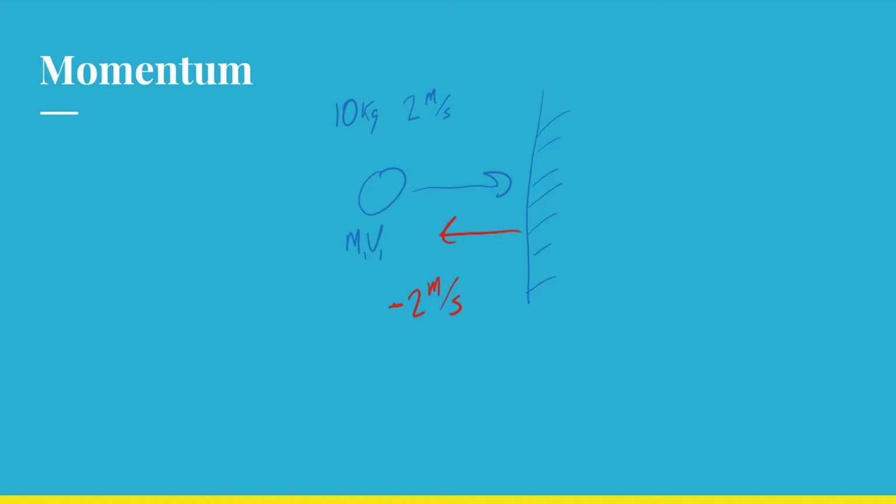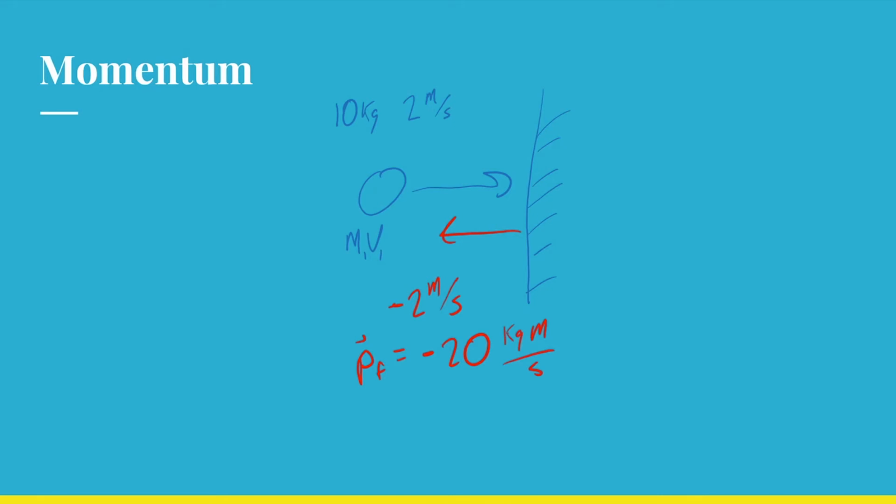If you said -20, you are correct. Its momentum after the fact, its P final, is equal to -20 kilogram meters per second. This is the unit, and this is as simplified as it gets.